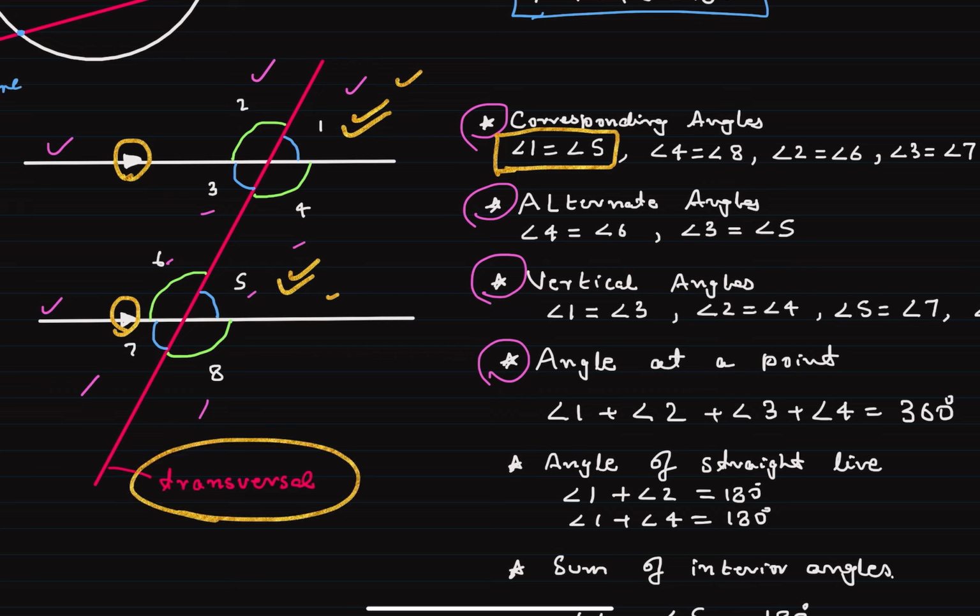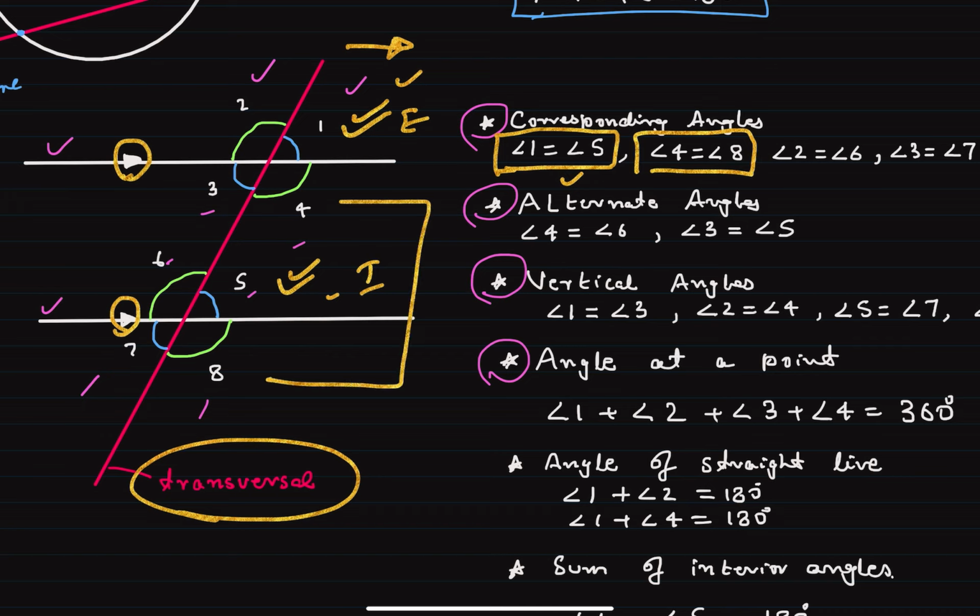The third line that intersects these two parallel lines is called the transversal. They are on the same side of the transversal. One is exterior, one is interior, and they will be equal. So according to this definition, angle 4 should equal angle 8. They are also corresponding. Angle 2 equals angle 6, right?